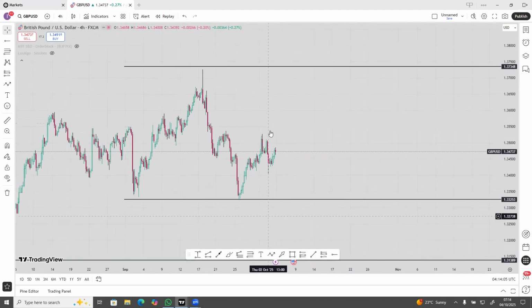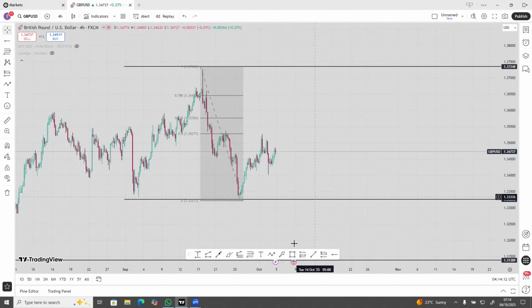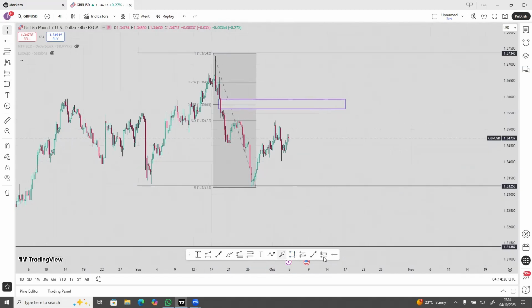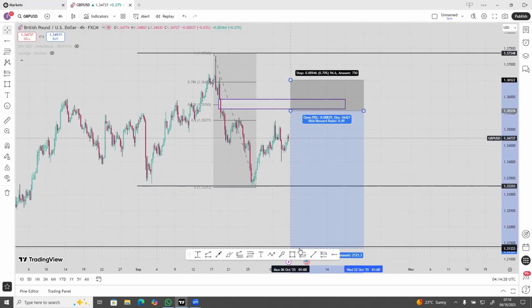That is a range on 4 hours, so we can place premium and discount, and then you can recognize there is an unmitigated fair value gap at the optimal entry point here. You have to wait for price to retrace back until it reaches that optimal entry zone.